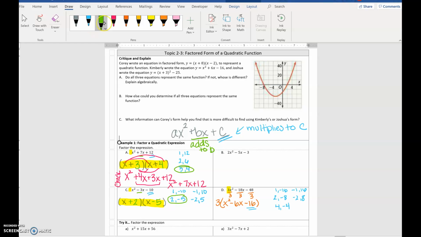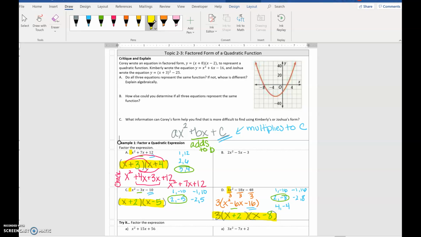Now we're looking for what adds to negative 6, and that would be this one right here. So now our 3 comes down, and then we have our 2 sets that we just found, x and x, and then plus 2, minus 8, and that is our answer here.